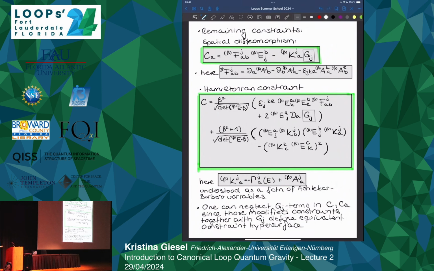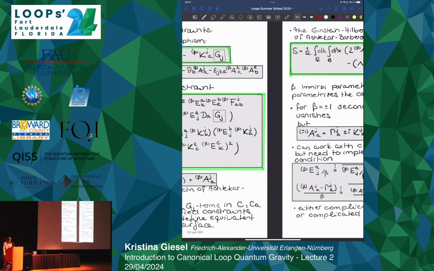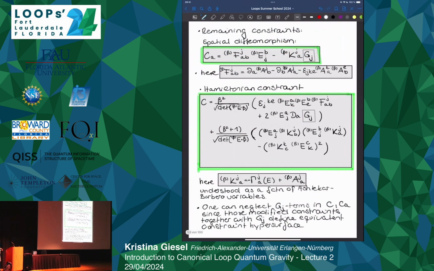Now, this Hamiltonian constraint was still written in terms of the K_j variables here, but this is understood as a function of E and A by using this relation. Now, given this and the fact that my time is up, I will finish here, and then in the next lecture, we will take this as a classical starting point for our quantization.